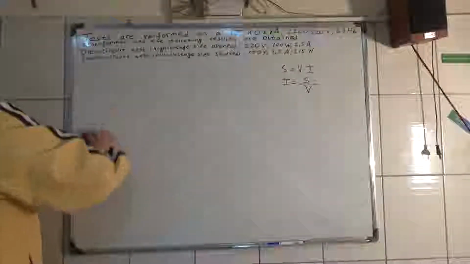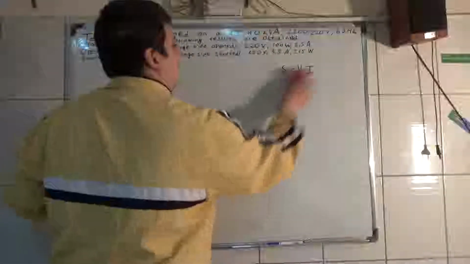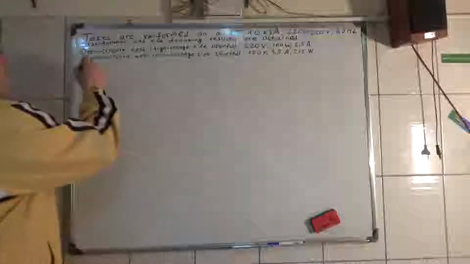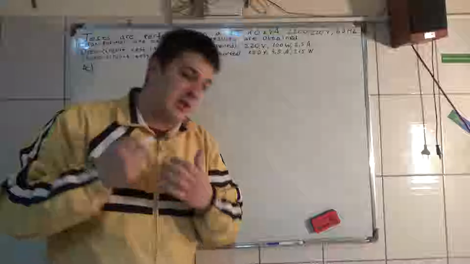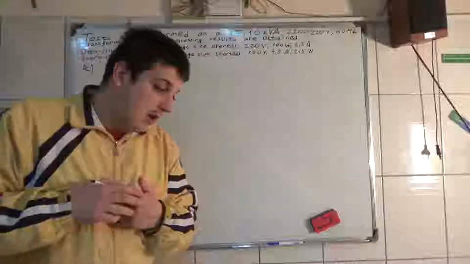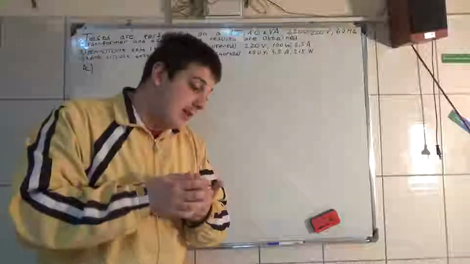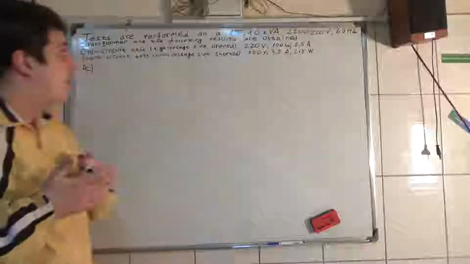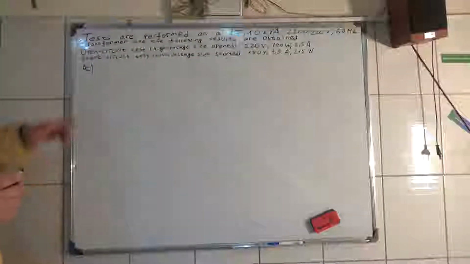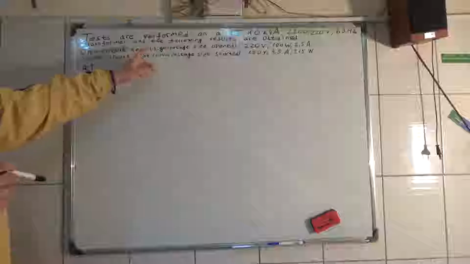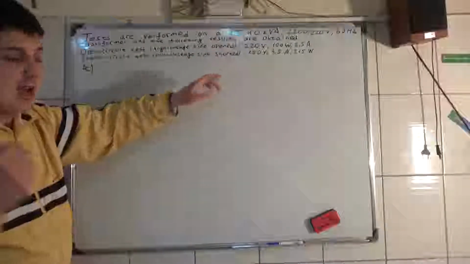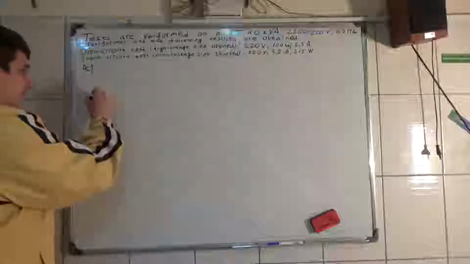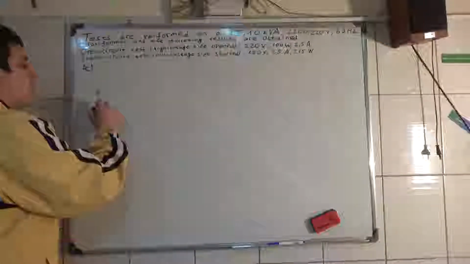So by A, we need to derive the parameters for the approximate equivalent circuit referred to the low voltage side and the high voltage side. So first we have an open circuit test. The high voltage side is opened. Now the low voltage side acts as the primary, so here we have VL.